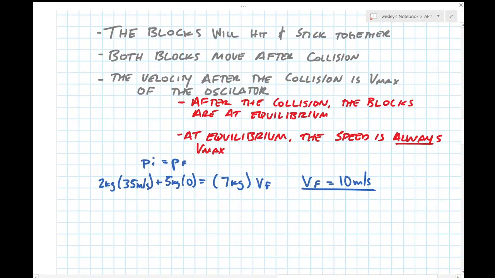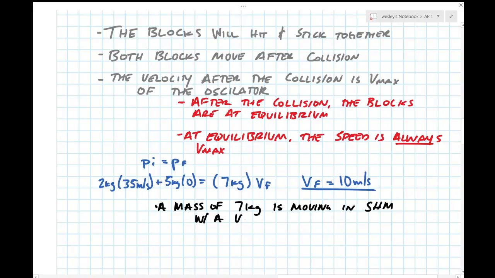So, because of this, we know some things for the motion that we're going to need to talk about. First thing, a mass of 7 kilograms is moving in simple harmonic motion with a maximum velocity of 10 meters per second.